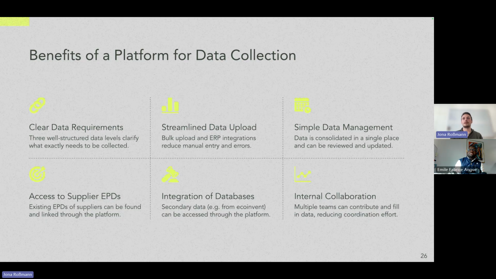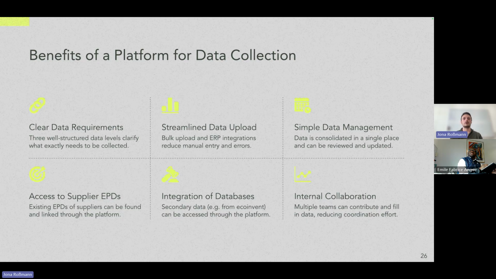Third one is simple data management. So with one platform, you have one single source of truth. So one single place where all the data is consolidated, and you can review it and manage it and update it by yourself without being dependent on, for example, a consultant. Fourth one is automated access to supplier EPDs.